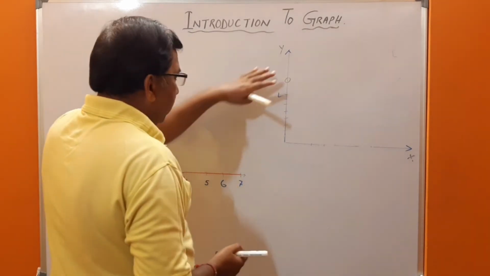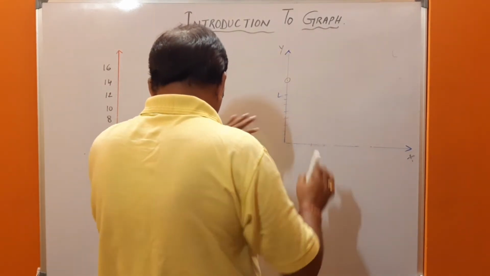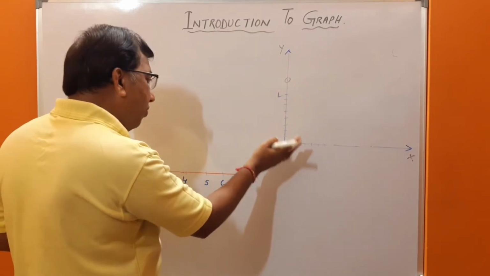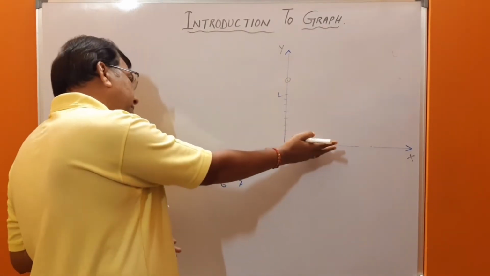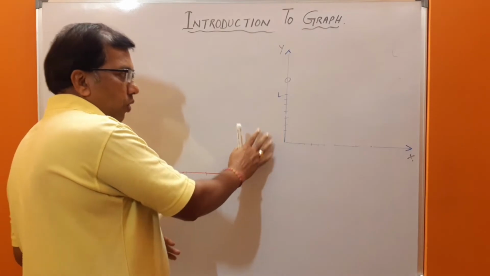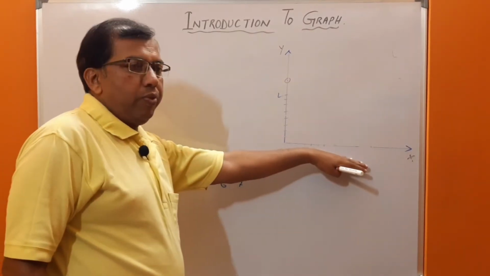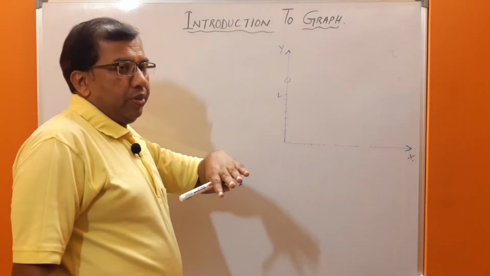in constructing a graph, we have values. What value? We have value of one variable corresponding to a different value of the other variable.